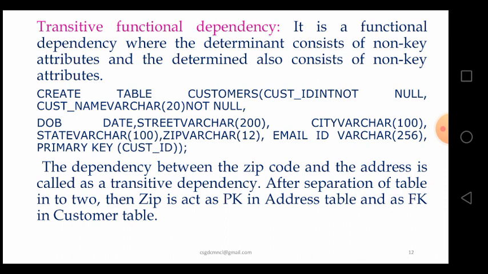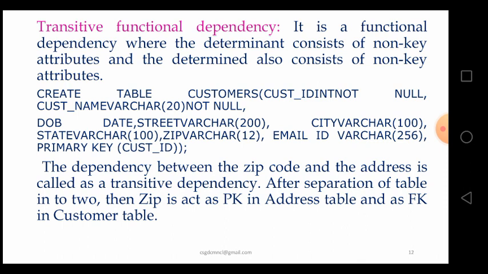We are using different data types like character and number in this table. For example, create table address: zip, street, city, state are variables. Here the primary key is zip.